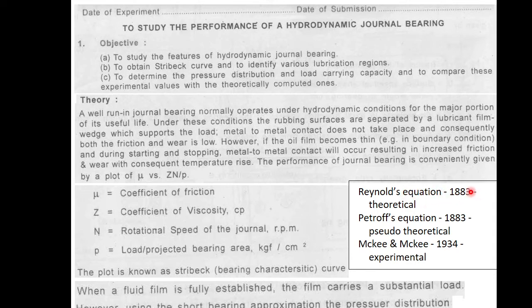It was in 1886. This is an empirical relation, a pseudo-theoretical equation by Petrov in 1883. And later on, after Tower's experiment, extensive experimentation was carried out by Mackey and Mackey brothers. These reports are also available.